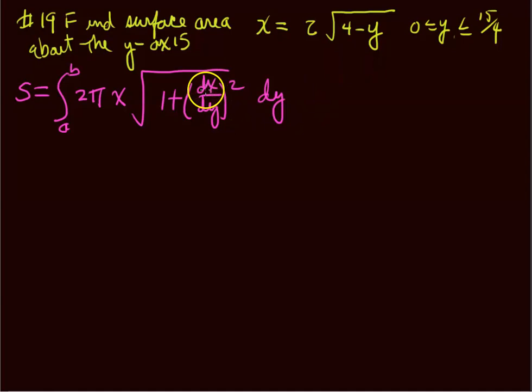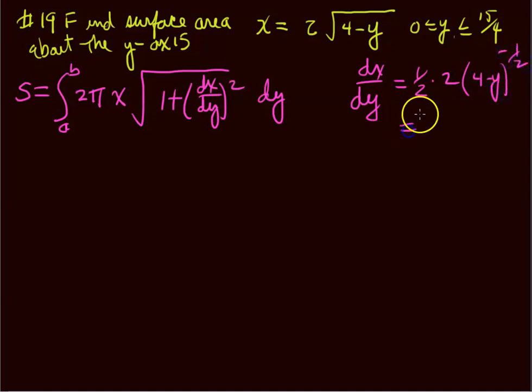So we need dx dy. What is dx dy? The derivative of x with respect to y. This is really 4 minus y to the 1/2. So it's 1/2 times the 2 times the 4 minus y to the negative 1/2. Or the 2's cancel. And this is 1 over the square root of 4 minus y.